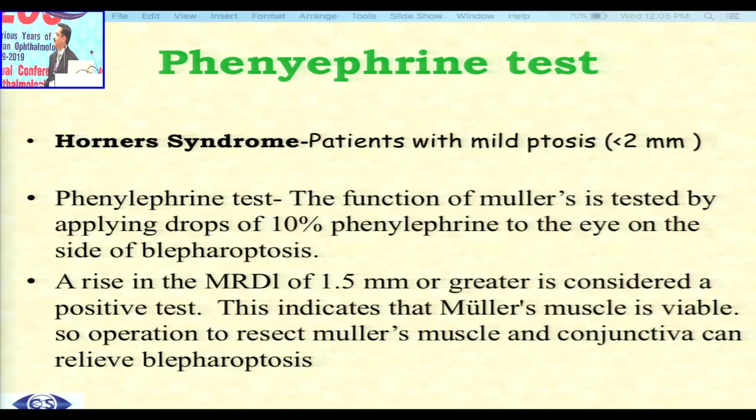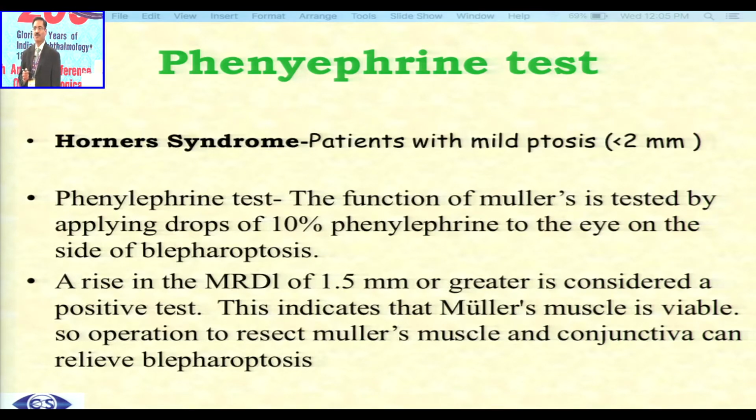Phenylephrine test is done in patients with Marcus Gunn syndrome and Horner syndrome. You put a drop of phenylephrine into the eye. If Muller's muscle is functioning, then the lid will lift. Why is ptosis there in Horner syndrome?